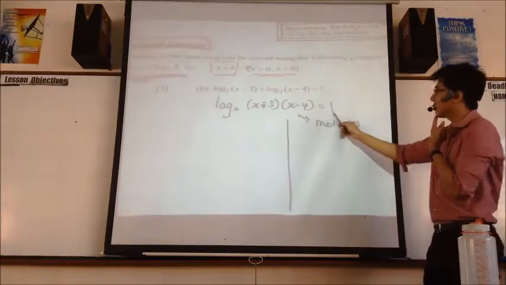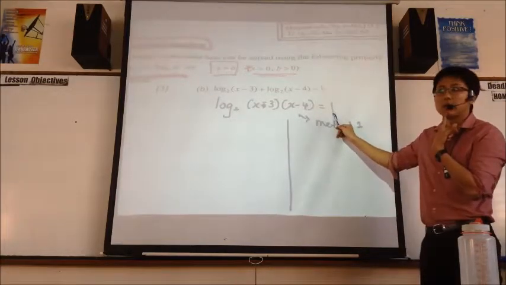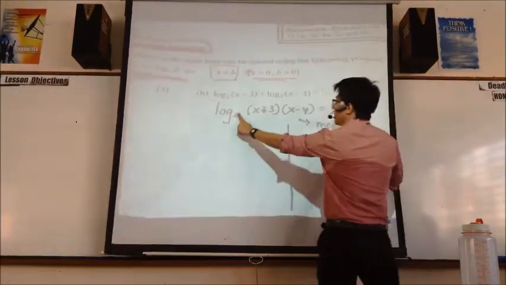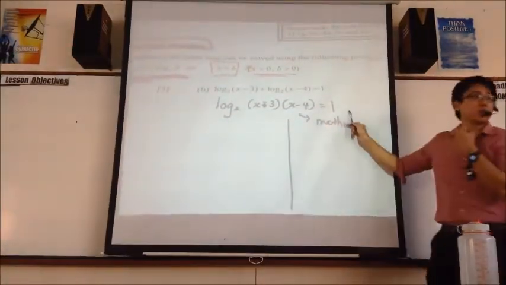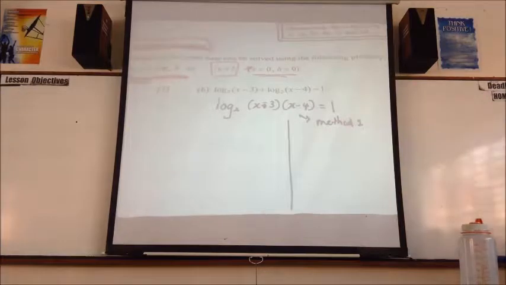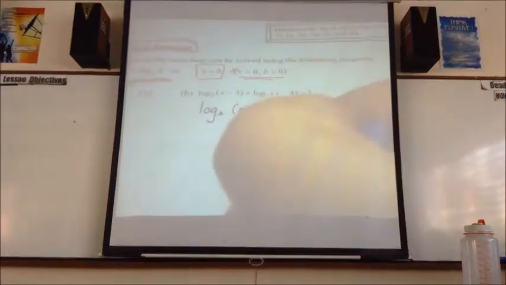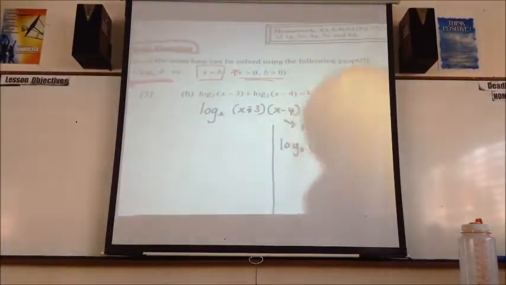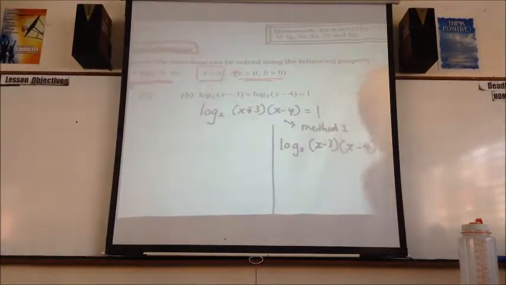How to change it to log? Log 10, 10? No, if I log 10, this is log 2, 2, right? So I can write log of x minus 3 times x minus 4 equals log 2, 2.